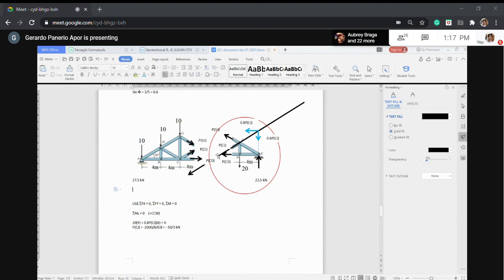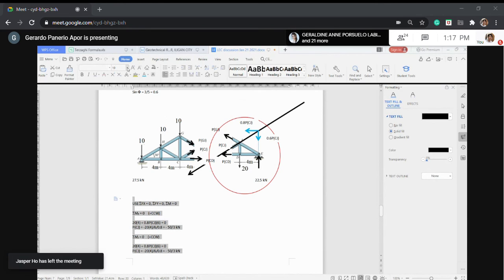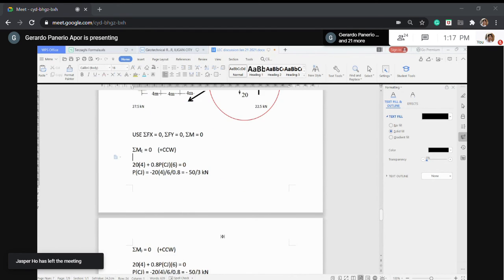However, CD is 3 meters away from J. So to solve for CD, I'm going to sum up moment at J like that. But I will make this a lot bigger. Okay, maybe 16. So that is the equation.